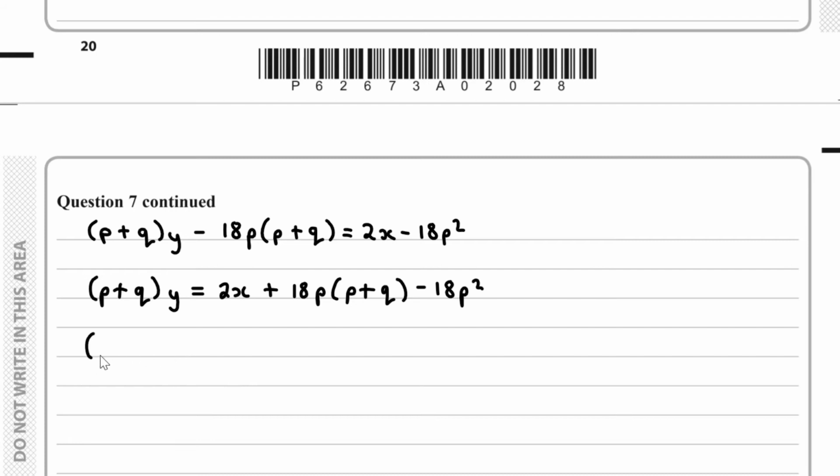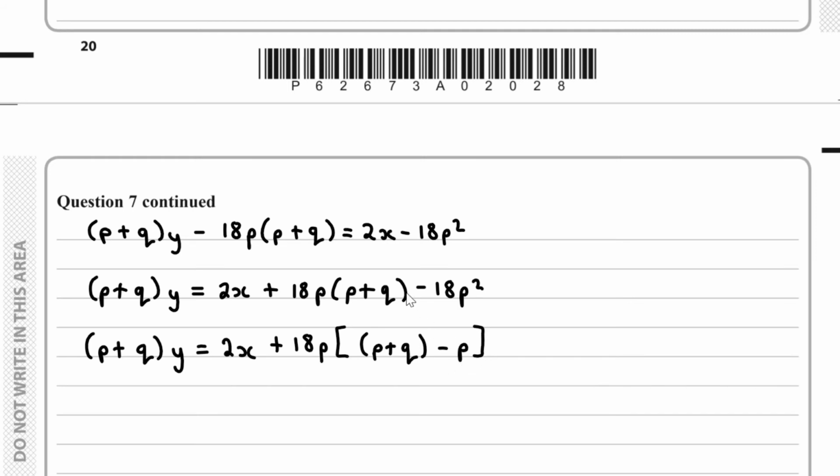So we've got p plus q lots of y equals 2x, and if we factorize out the 18p from both terms, we have positive 18p lots of p plus q minus p.